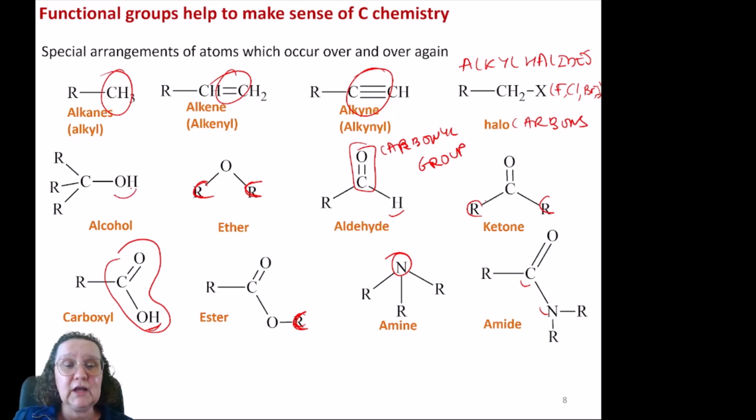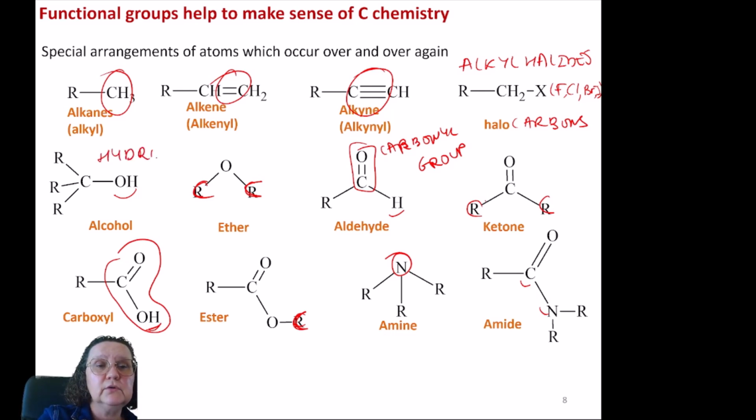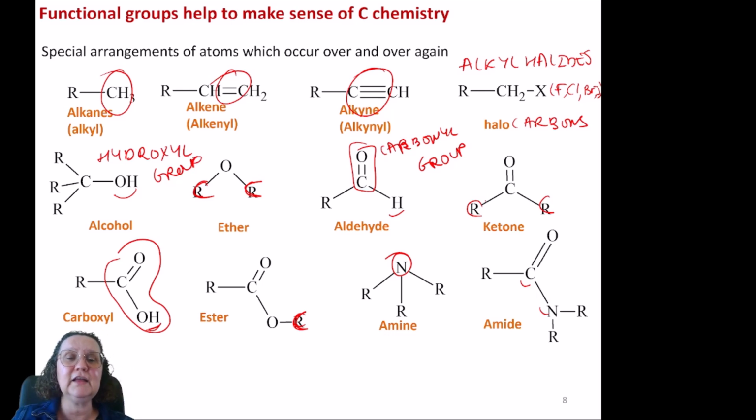When you have an alcohol, this is actually a funny group. You can have a molecule that is an alcohol, for example, ethanol. But if you're talking about the OH in a structure, we talk about the hydroxyl group. Oh, I have a hydroxyl group in my molecule. So you will see that it can be a bit confusing.